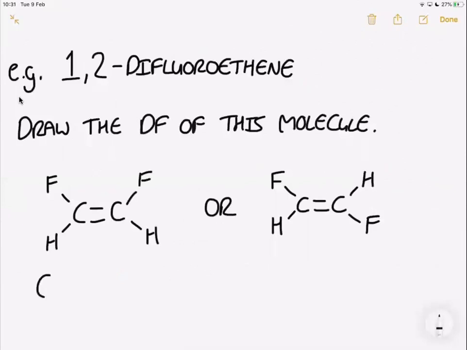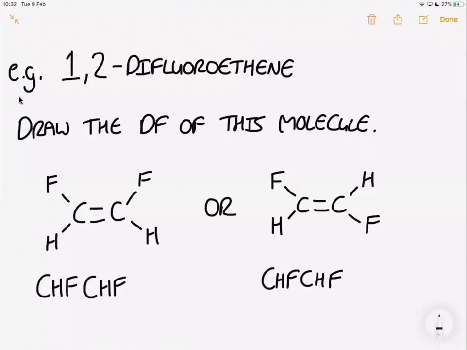We've got CHF, CHF. The structural formula doesn't tell you which direction the fluorine atoms are pointing in. That's what makes these geometric isomers. They have the same structural formula, but a different arrangement of atoms in space.